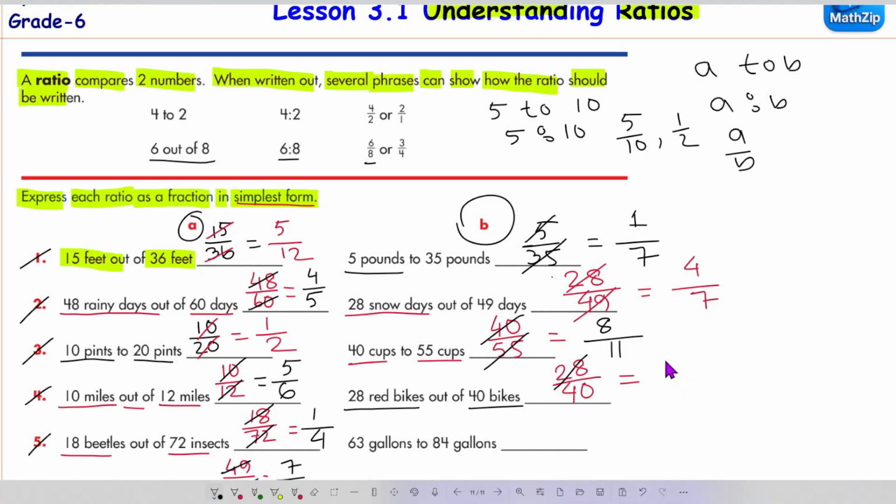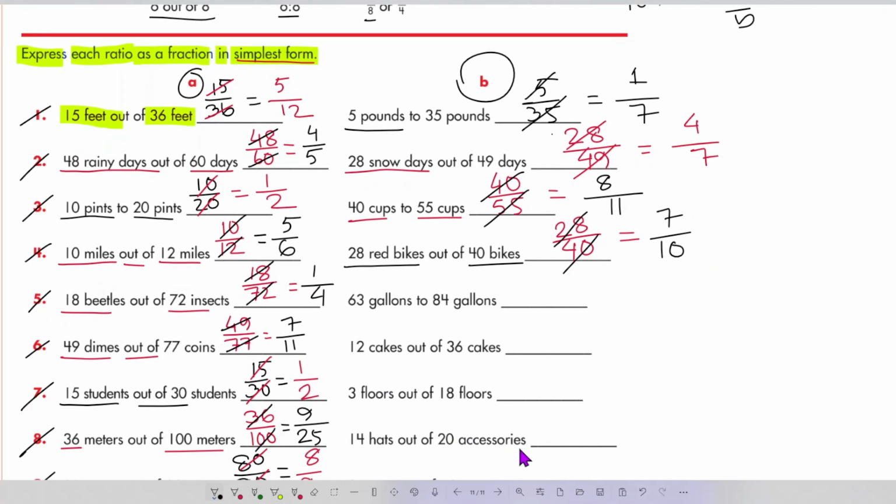So 28 by 4 is 7 and 40 divided by 4 is 10. Now 63 gallons to 84 gallons. So 63 by 84. So what will be the answer?